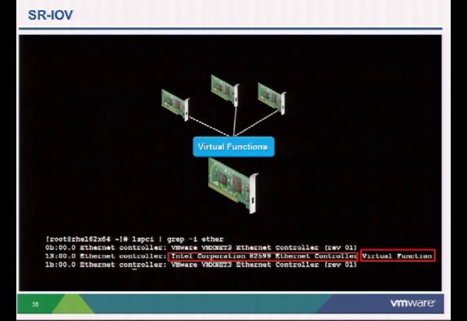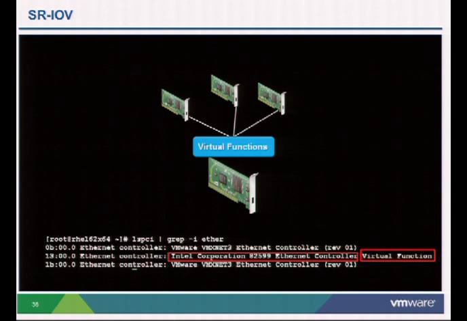Anytime you do any pass-through to the guest OS, you're going to lose mobility. You cannot vMotion this VM, because if you vMotion, on the other side you may not have a NIC through which you can do the pass-through. So this feature is useful when you're doing heavy I/O-intensive workloads, where reducing CPU usage is of paramount importance, and reducing latency is also very important, and you're willing to trade off the mobility aspect of the VM.